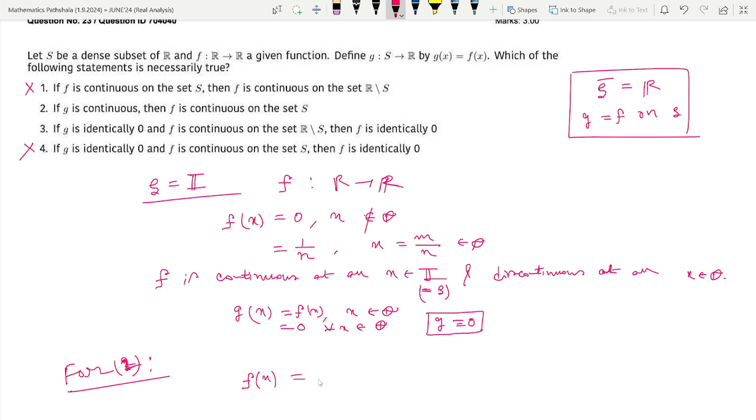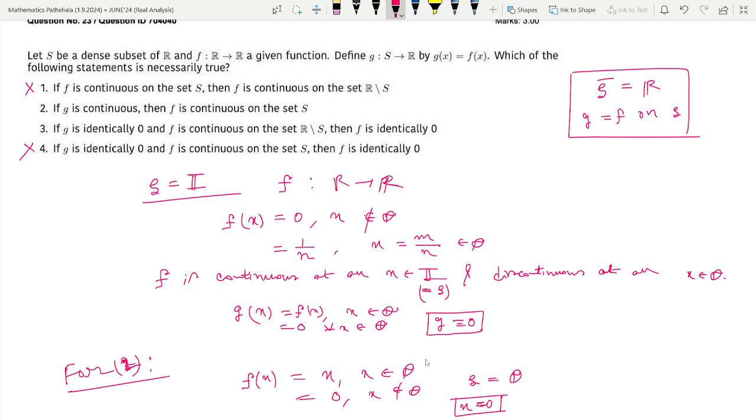F(x) equals x when x belongs to Q, 0 when x does not belong to Q, and we take S equal to Q. Now we know that this function is continuous only at x equal to 0 and discontinuous at all other points.